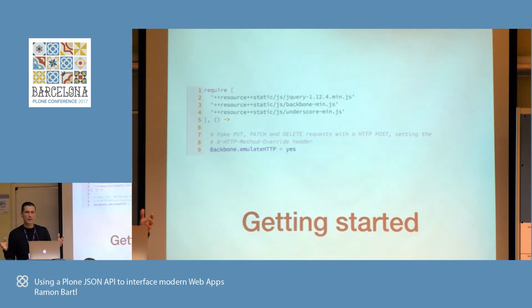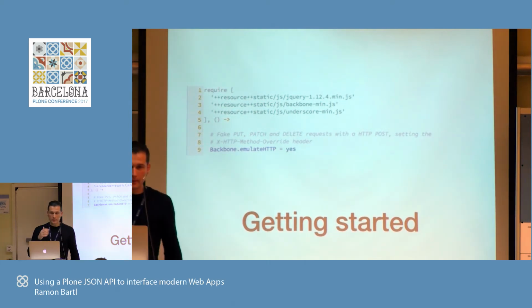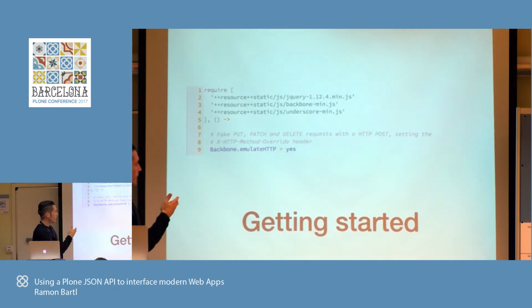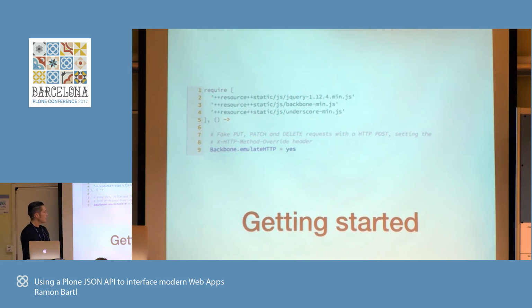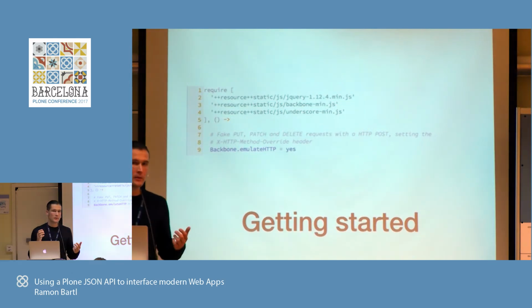So a collection is a kind of list which will hold the to-do items which I describe in a to-do model. So this is the boilerplate, how to create a Backbone application. Because I'm here on Plone 4.5, I don't have put, post, delete requests. I have to emulate HTTP, so this information will come with a request header, but the API is capable to parse that out and do the right thing.